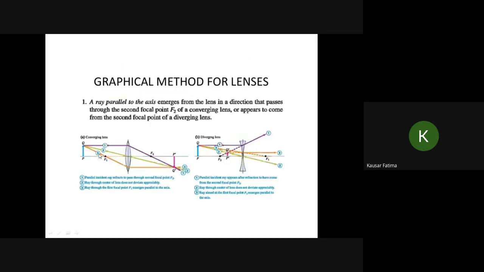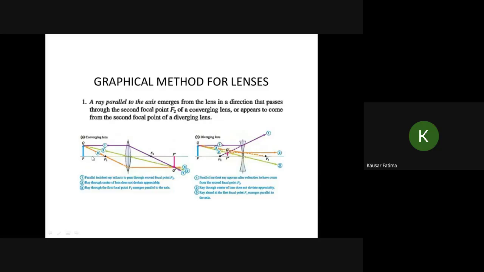This third ray, which passes through this first focal point, becomes parallel. The one which comes parallel passes through the focal point on the other side, and the ray which comes towards the lens through this principal focus becomes parallel.